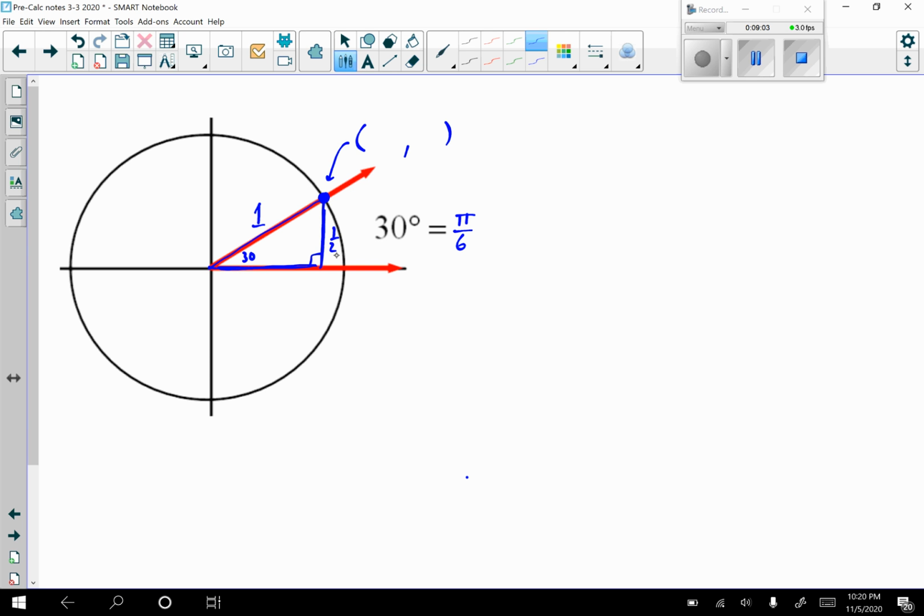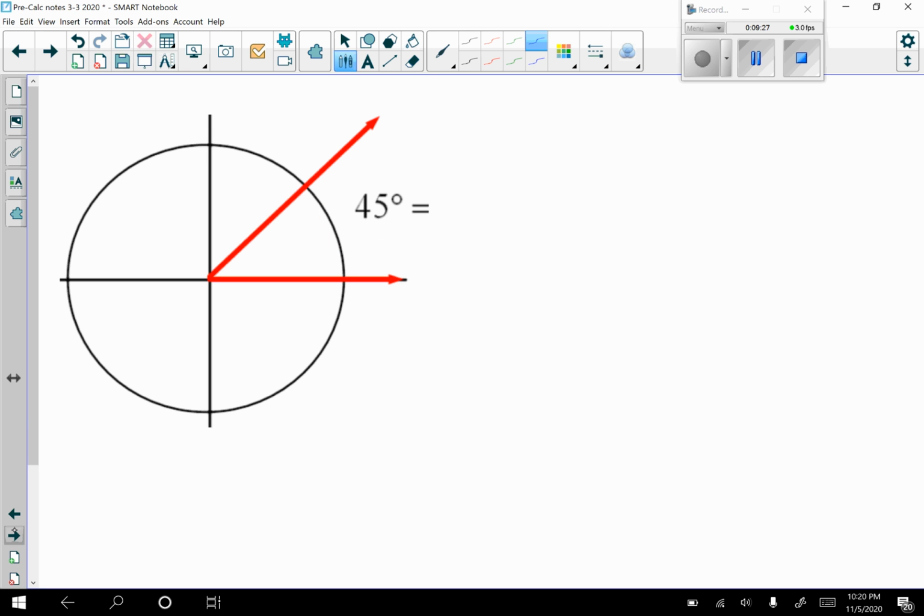Across from 30 must be 1/2. Across from the 60, which is up by the point, must be the √3 over 2. That just gave us our x and our y. So x is √3 over 2 comma 1/2. That is the coordinate point for a pi over 6 angle where it intersects the unit circle.